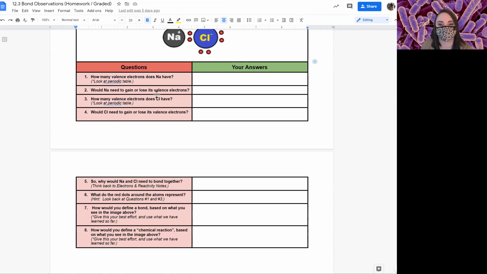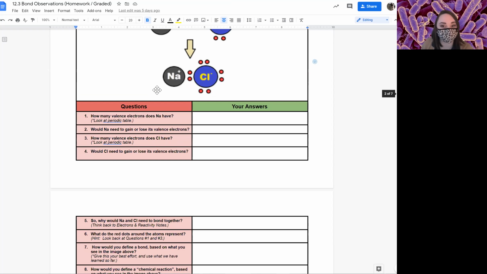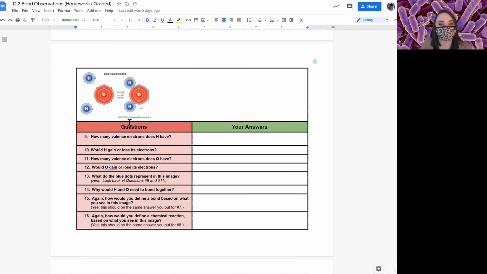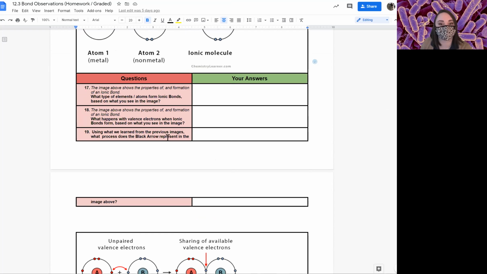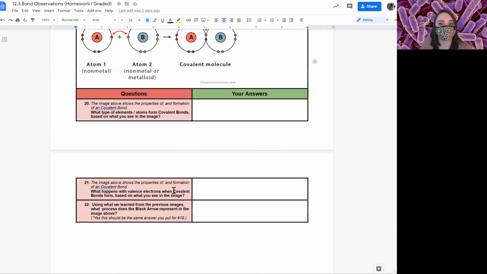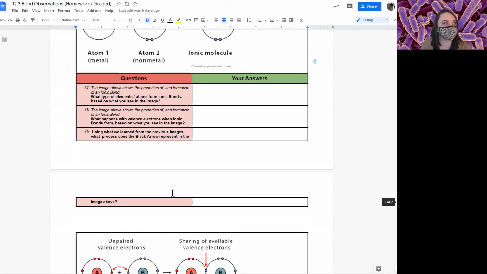So we're using information we've already learned, and we're trying to apply and connect it to new things that we see in these diagrams to answer the questions. So you have one diagram, here's a second diagram, a third, and a fourth, okay? So you can see you have 22 questions total. It's not bad at all, okay?